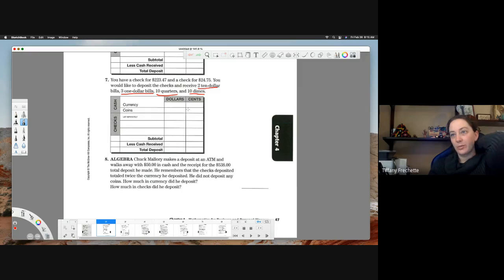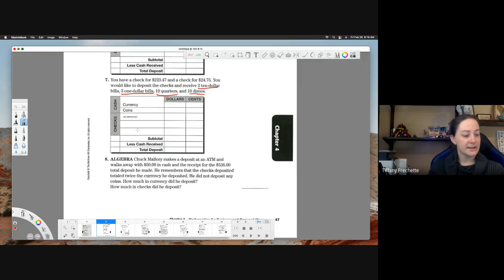And then that's what you'll put in the coin section. So a little bit of math there as far as calculating all the amounts for each piece here. The checks always go in separately. Usually they only give you a couple lines here, but a lot of the time deposit slips have quite a few lines where you can put quite a few checks in there.